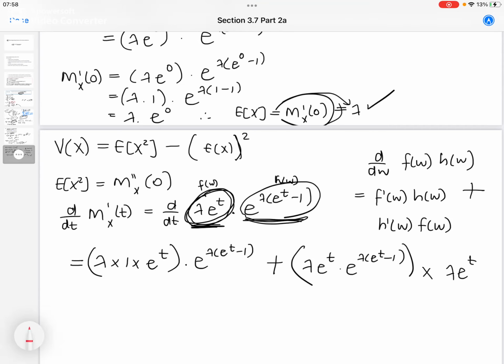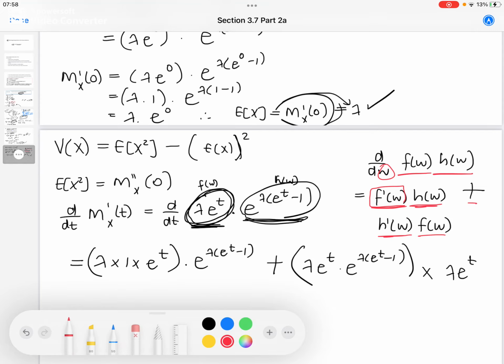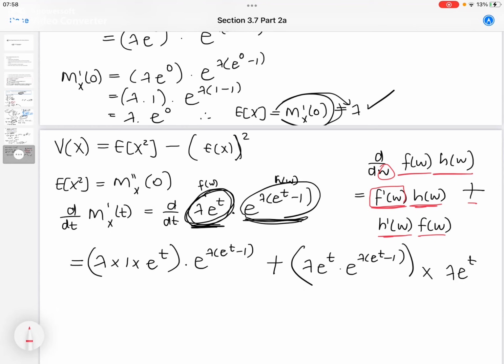Again, if we have two functions, the derivative with respect to that variable will be the derivative of the first function times the second function plus the derivative of the second function times the first function.